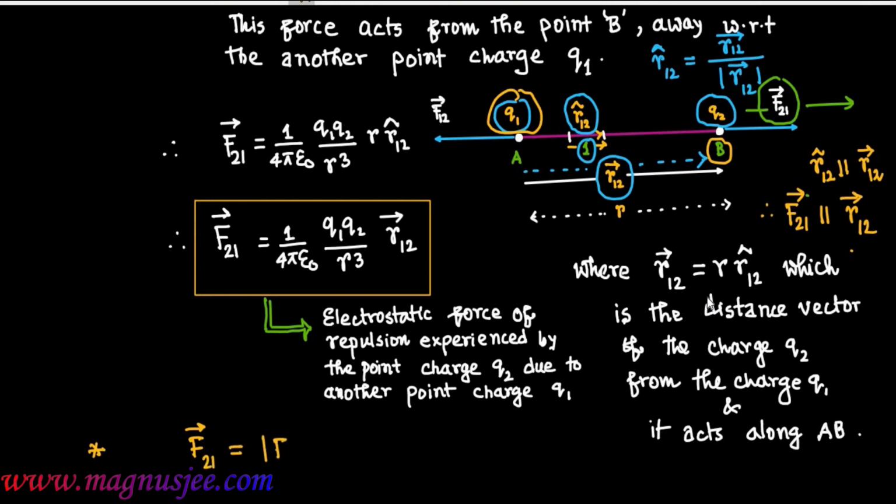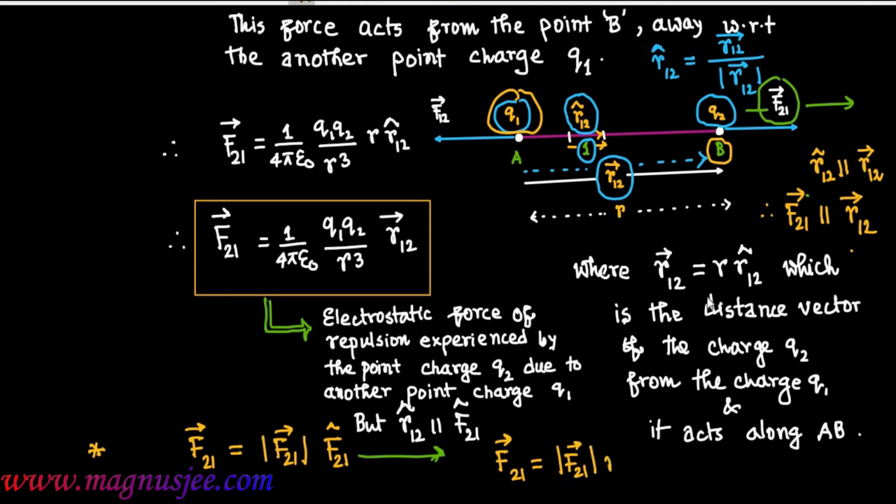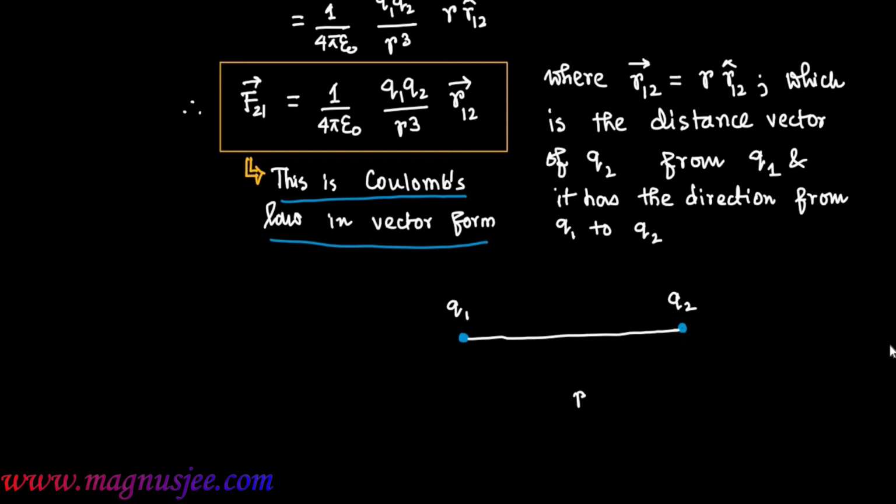Additional information: vector F21 equals the magnitude of F21 times F21 cap, but here in place of F21 cap we have used r12 cap, because r12 cap is parallel to vector F21. Therefore, vector F21 equals mod F21 times r12 cap. Here we have used the magnitude of the force vector and the unit distance vector.